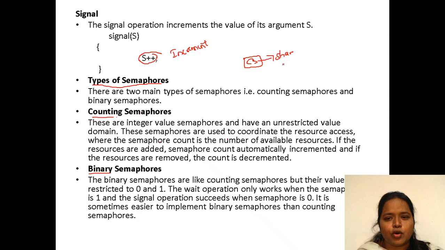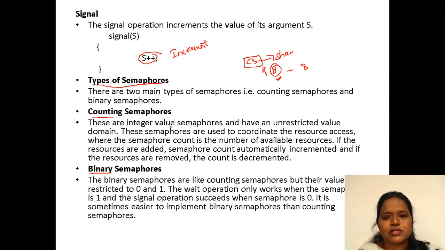Fine. So how many resources are available? Suppose 8 is the number of available resources, so the counting semaphore is 8. This 8 represents the count of the semaphore, how many resources are available.